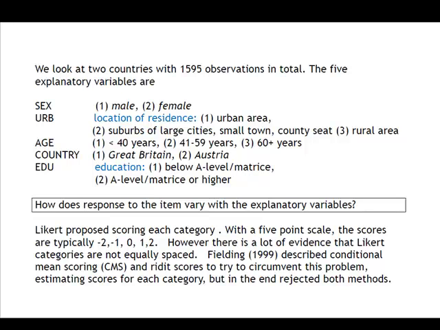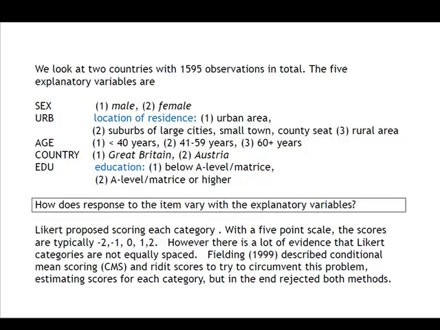Well, Likert proposed giving a numerical score to each category, typically -2, -1, 0, 1, and 2. But there's a lot of empirical evidence that people don't view the Likert scale in that way, and that the endpoints are further away than the three midpoints.